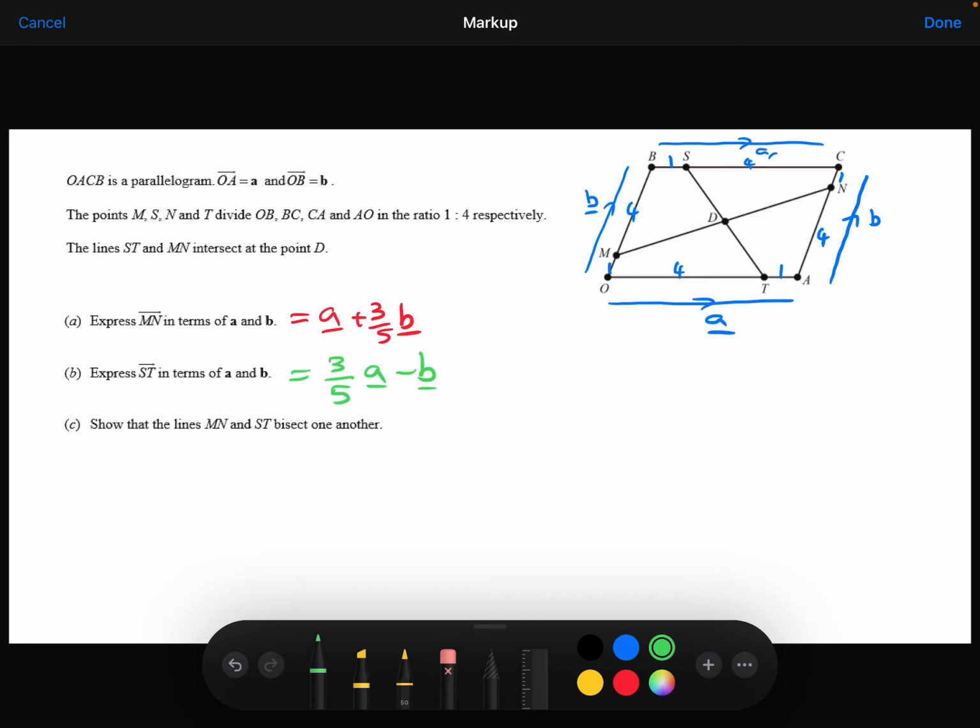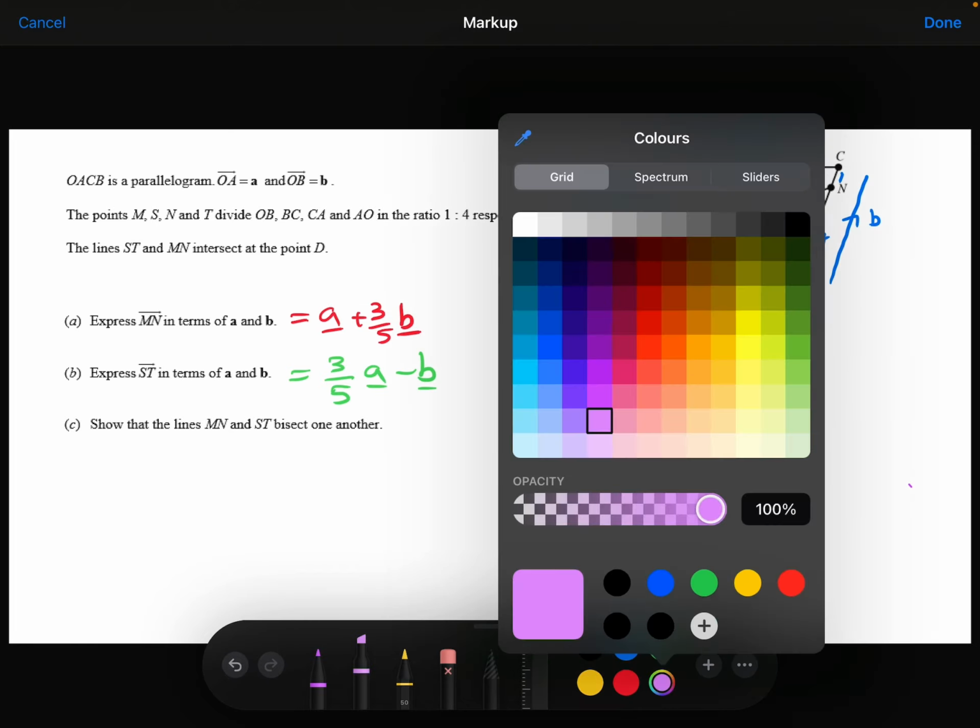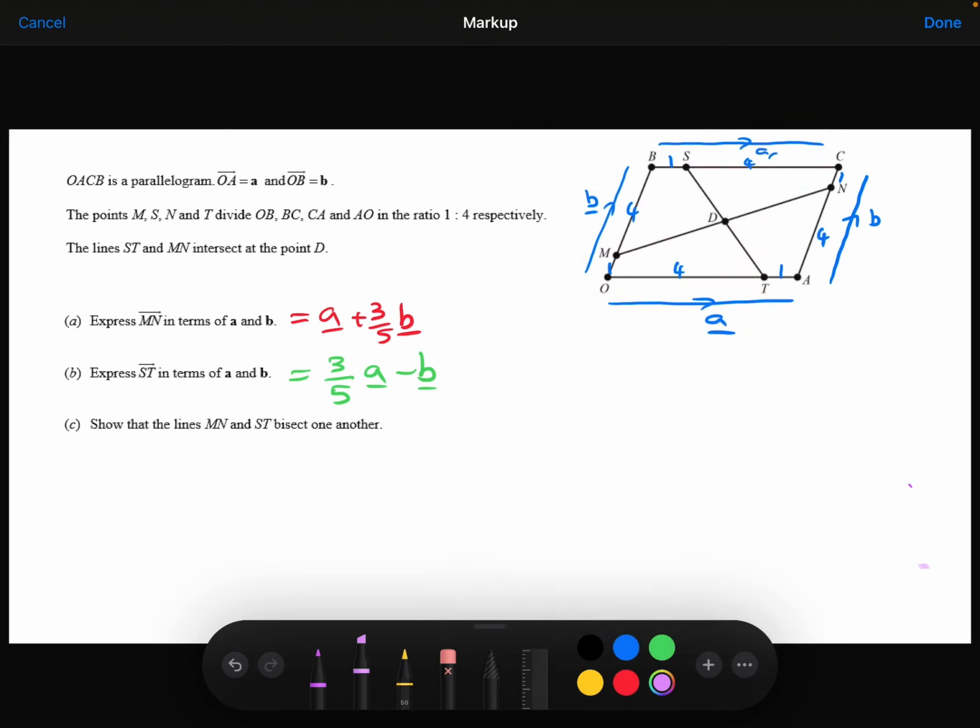So if that's the case, if MN bisects ST, then I know that S to D is going to be half of S to T. So SD is equal to half of ST. Now, I want to show that's the case, so I'm going to say S to D is equal to lambda ST. And I want to hopefully show that lambda is a half.